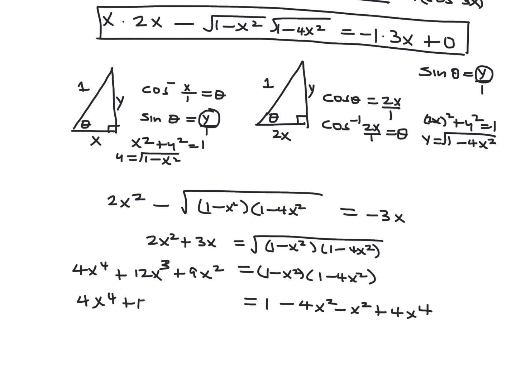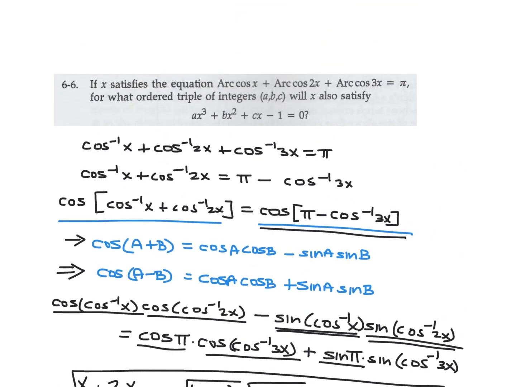Okay, and then let's put everything on one side to see what we get. When we put everything on one side, we will get 12x to the power of 3 plus 14x squared minus 1 is 0. Okay, now finally we go back to the original. They're saying that this is 0.